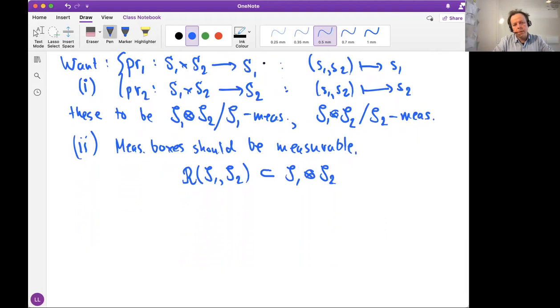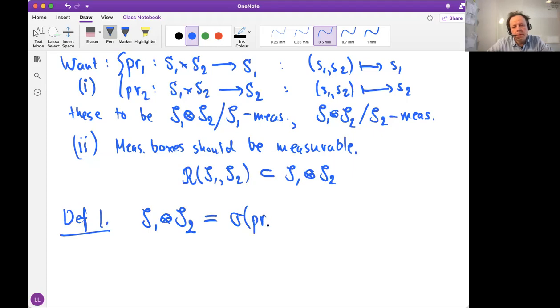We have this target measurability here, so this leads us to definition 1, that we want to define this new sigma algebra as the smallest sigma algebra which makes these two functions measurable.